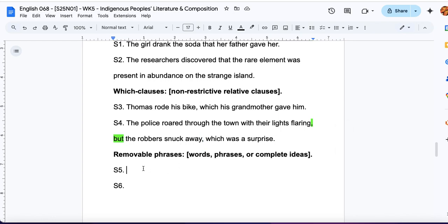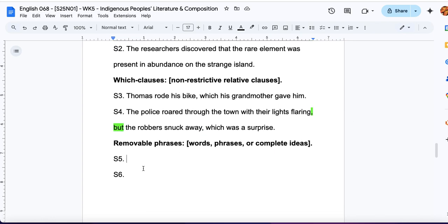All right, we'll move to the last examples here. So we're looking at removables. And remember, removable phrases are also additional information. They can be a single word, they can be a phrase, or a complete idea. And these are parachuted into the sentence, and they have commas on both sides.